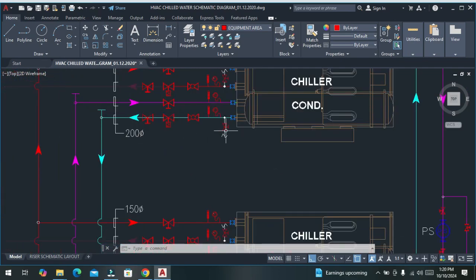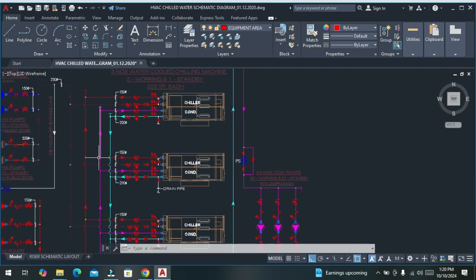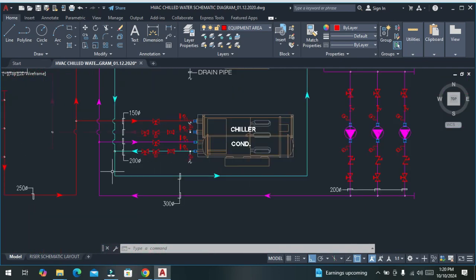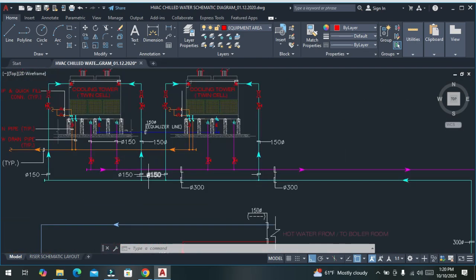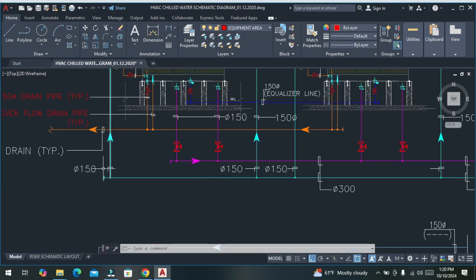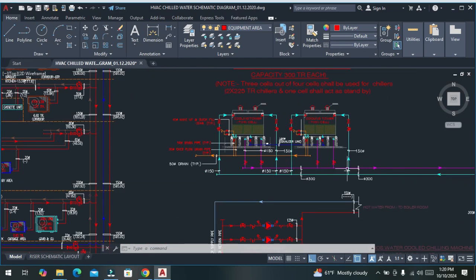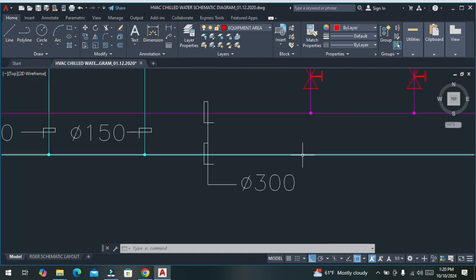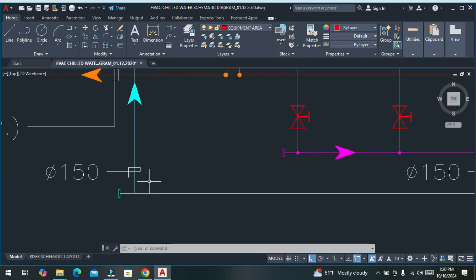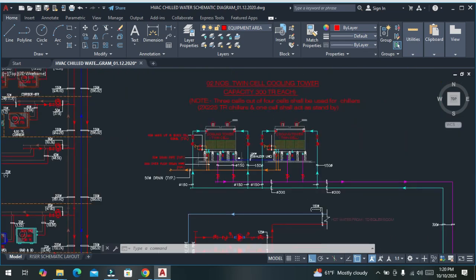Basically, the condenser outlet water is heated to around 34-36 degrees Celsius, then it goes to this inlet header, whose dia is 300 mm. This is the inlet header of the cooling tower.